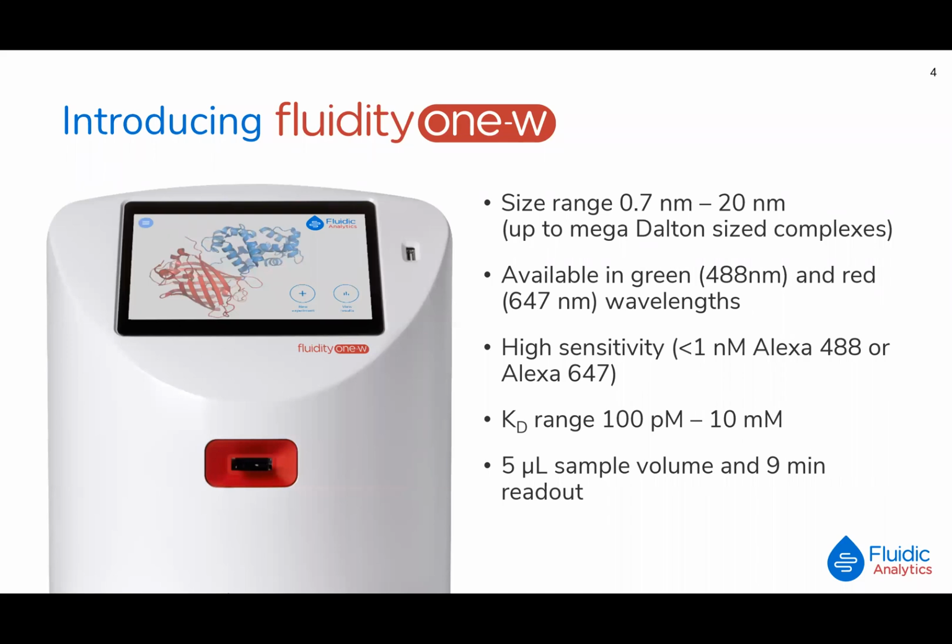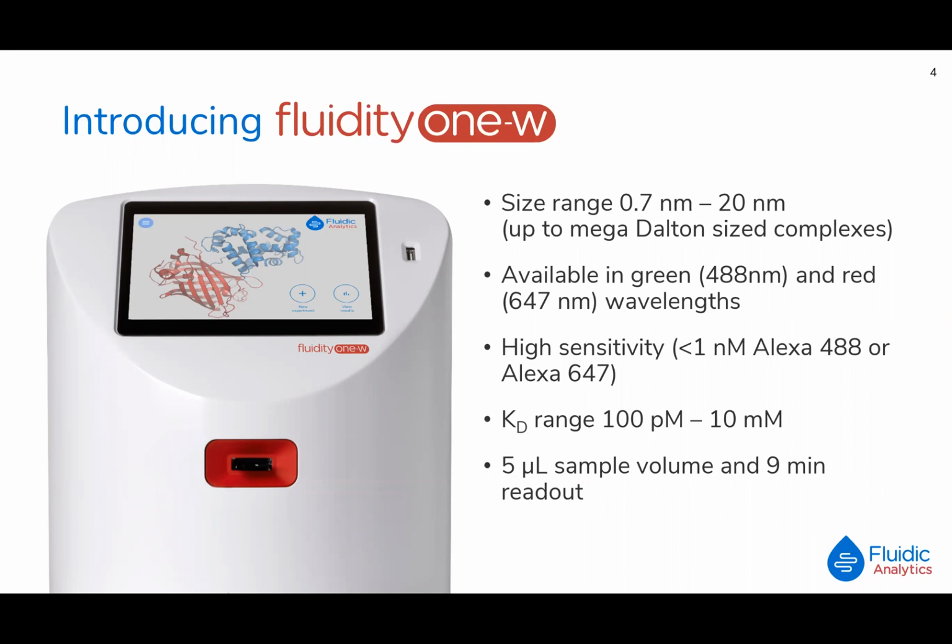So the product that does this is called the Fluidity One-W. To give a few specs, the sizing range is from 0.7 to 20 nanometers in radius, which covers most proteins and their complexes. It's currently available at two different wavelengths, the 488 nanometer wavelength and 647 nanometer wavelength.